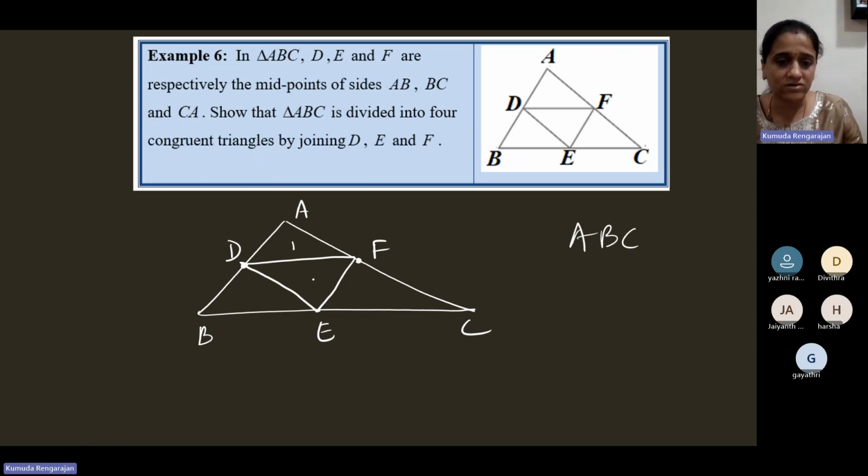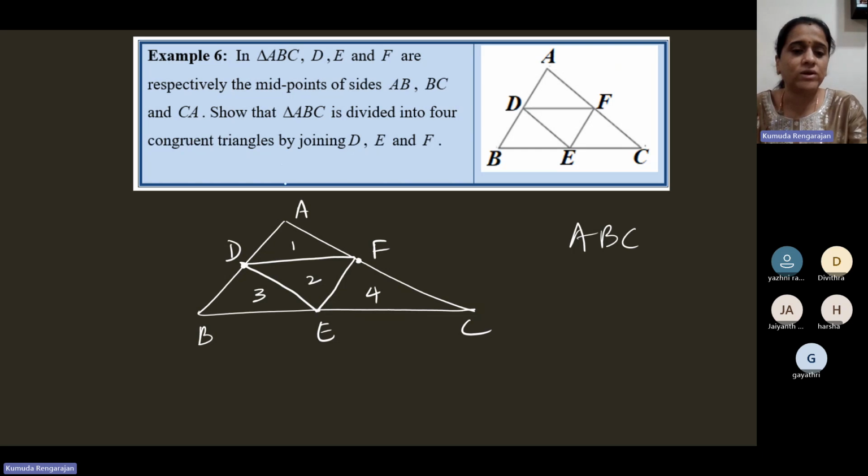Here, triangle 1, triangle 2, triangle 3, triangle 4. You need to show that all these 4 triangles are congruent to each other. When you join the points D, E, and F, the whole triangle ABC is divided into 4 smaller triangles. We need to prove that these 4 triangles are congruent to each other.